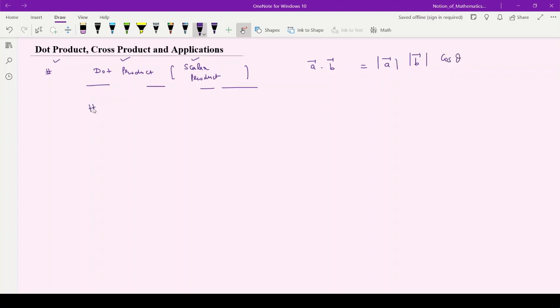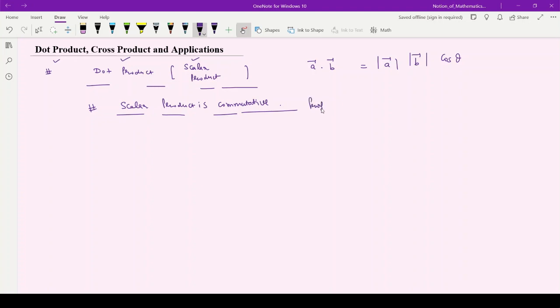There is one concept, known as scalar product is commutative. Scalar product is commutative. How can we prove it?